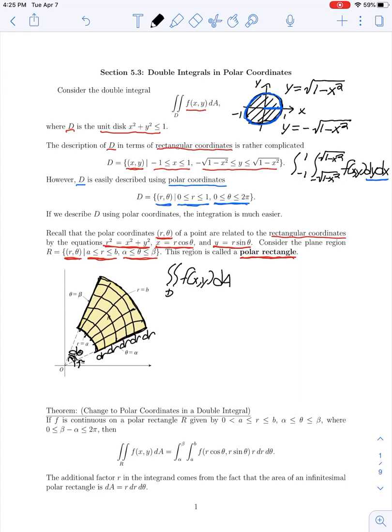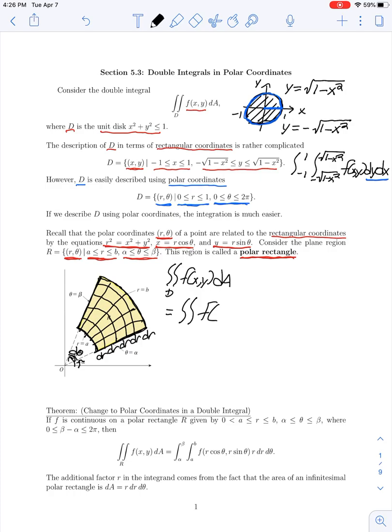So now let's think about how to convert our double integral over this region D into an iterated integral. Here we're going to change our x and y values to their values in terms of polar coordinates.